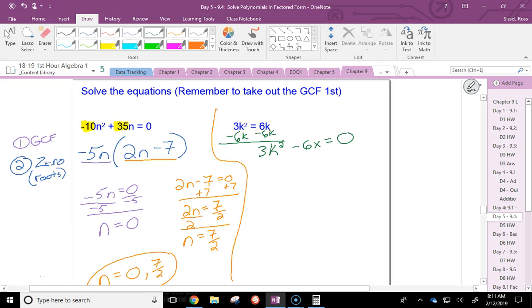Okay? So we have this. Now we're going to go ahead and find number 1. We're going to make our greatest common factor. So, I'm going to stop. I'm going to have you guys do step 1 all by yourself. Find the greatest common factor and factor this down just like we did right here. I'm going to pause and I'll have you look.